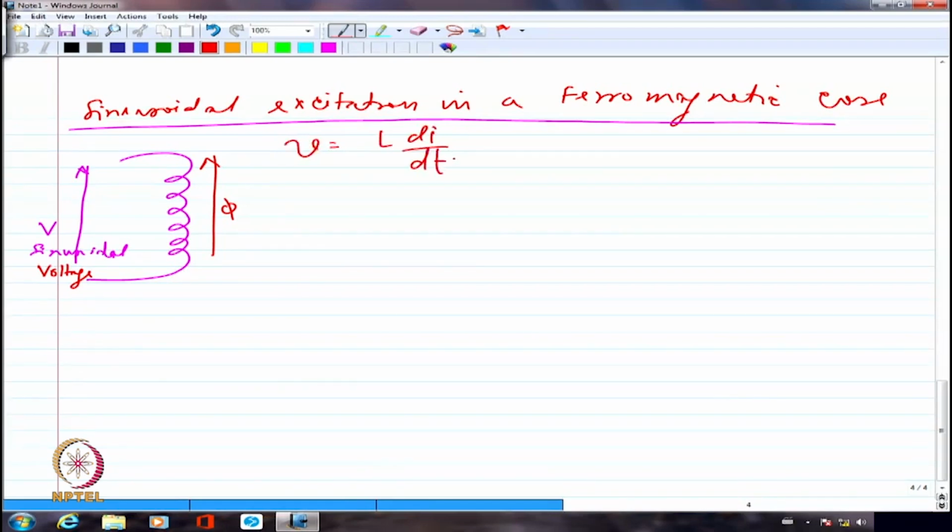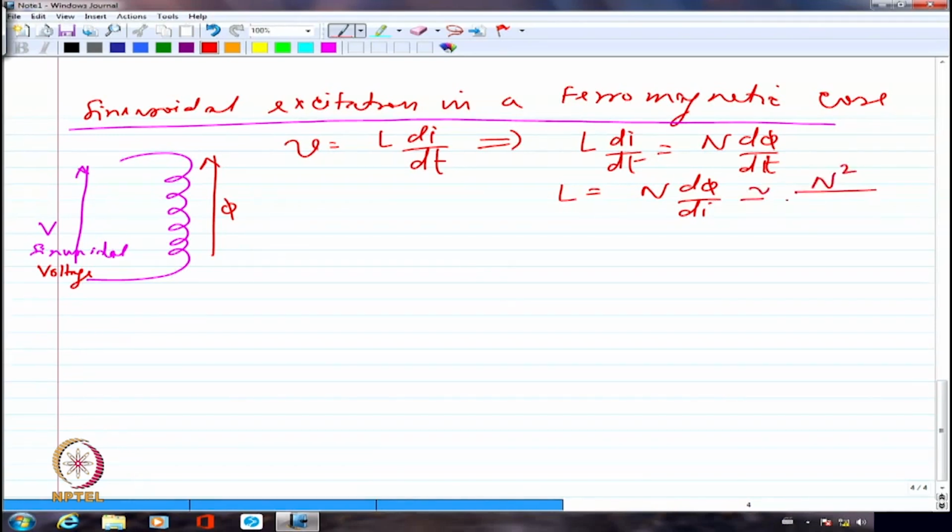So I am going to have essentially V equal to L di by dt, if I call the inductance of this coil L. We already wrote the inductance has an expression because we wrote L di by dt equal to N d phi by dt, from which we said L equal to N d phi by di. If you manipulate it, you will get this to be N square by reluctance.